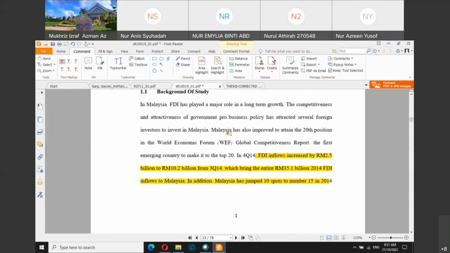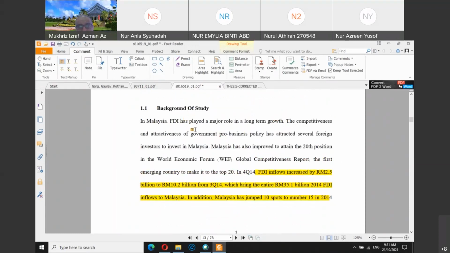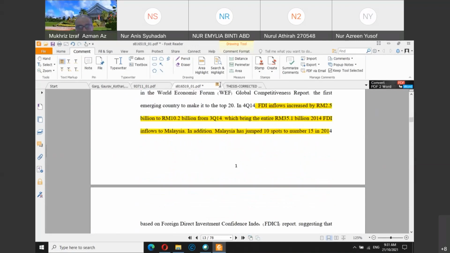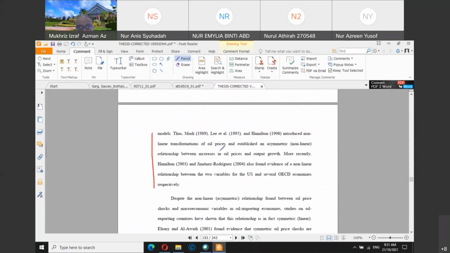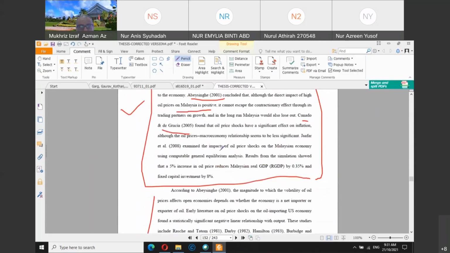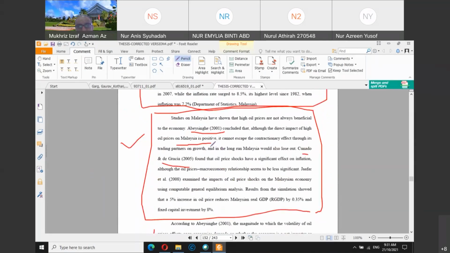The main purpose of the introduction is for you to start with the general issue, and then focus on the issue of concern, what your project is about, and also refer to some articles that can provide support, so it makes your issue more relevant.